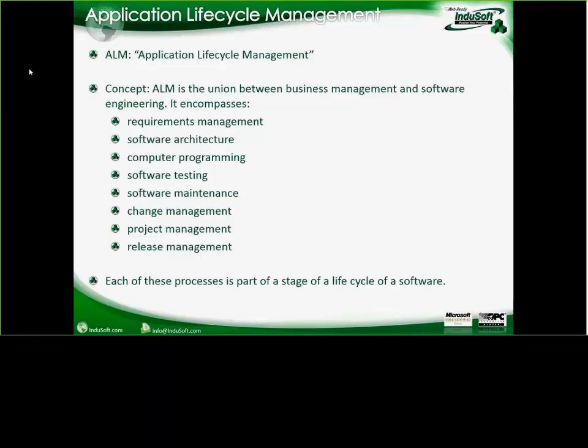So what an application lifecycle management system offers is basically a repository for you to have all your requirements, to list your software architecture, to manage all of your testing, control software management, and have management of all your change requests and things like that. And it should also make it very easy for you to see what's happening in the application and things that were done in the past.